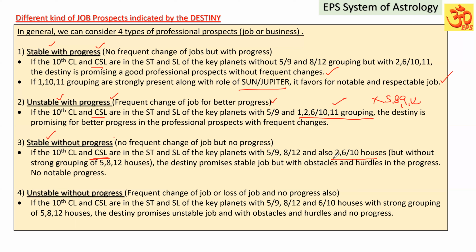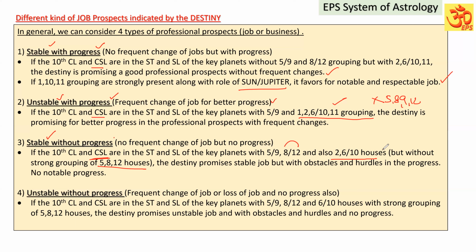Some unfavorable grouping will be there, but not a strong grouping of 5, 8, 12. Favorable houses 2, 6, 10 also will be there, but not very strongly with the 11th house, and a grouping of 2, 6, 10, 11 will not be there.